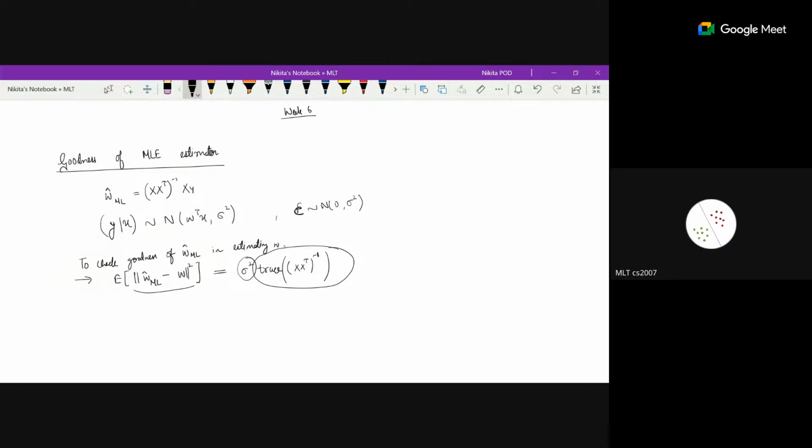We'll see some alternative estimator apart from W hat ML, and see how we can make this term, the norm square of W hat ML minus W, smaller and smaller.